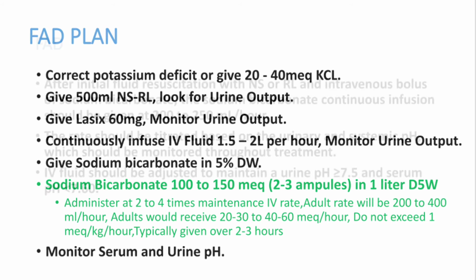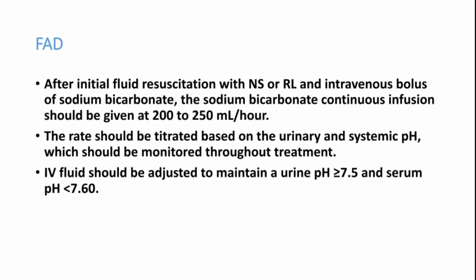After the initial fluid resuscitation with normal saline or Ringer lactate, a 500 ml bolus can be given initially. Then the intravenous bolus of sodium bicarbonate, which we already explained. The sodium bicarbonate continuous infusion should be given at the rate of 200 to 250 ml per hour.